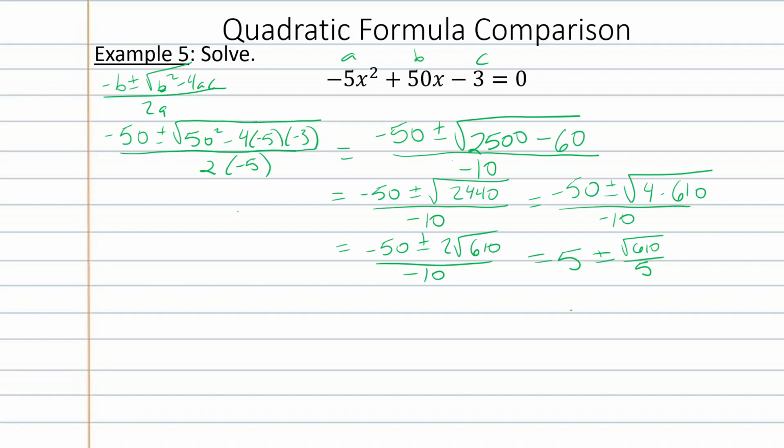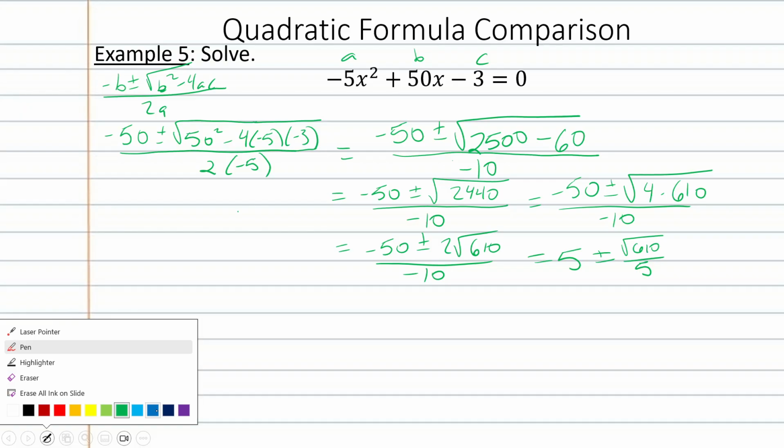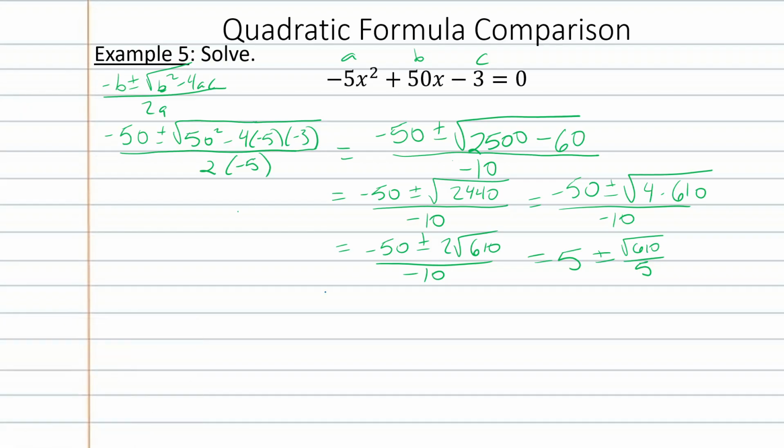Now, let's just say that I wanted to compare that, because it does say comparison here. Let's compare that to doing it by completing the square. If I were to complete the square on this one, I would pull out the negative 5. It would leave me with an x squared and then a minus 10x right there.